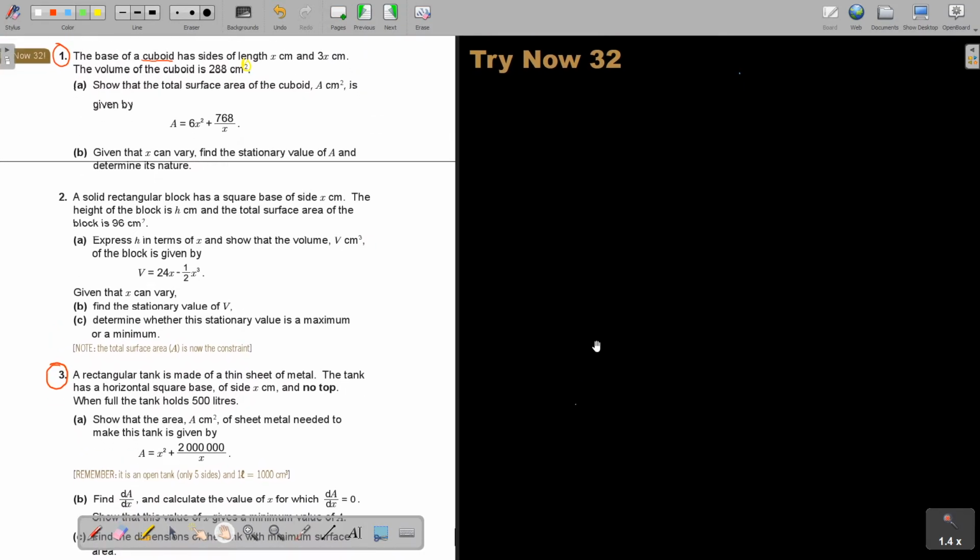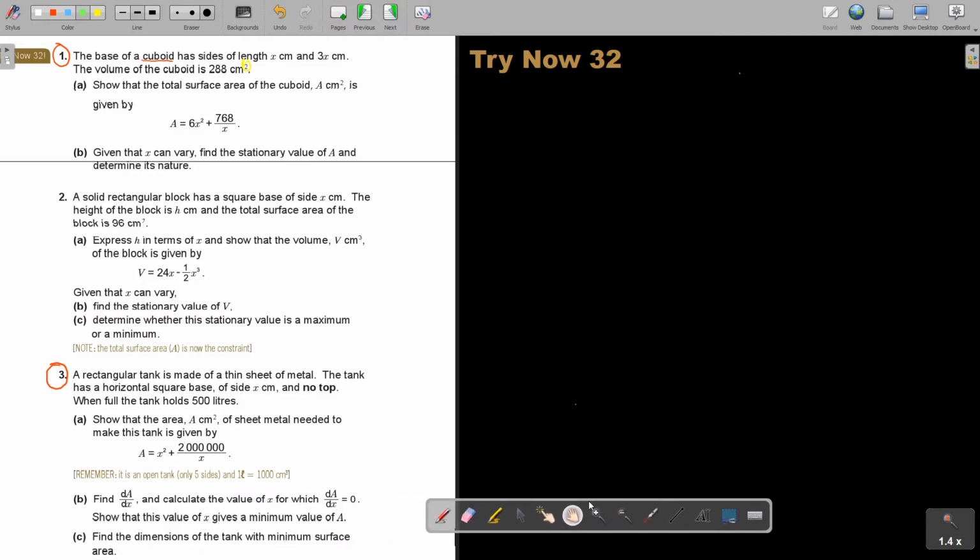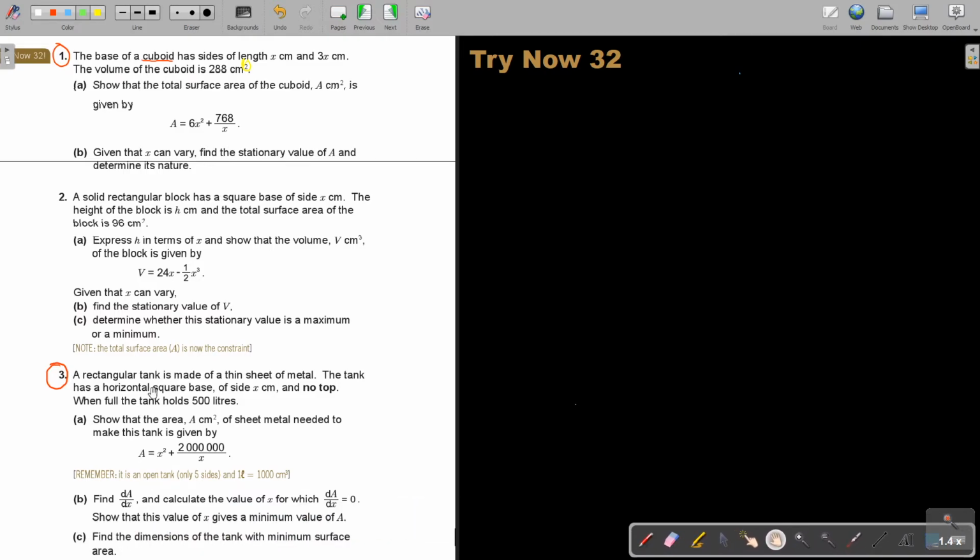Okay, let's look at number 3. Okay, let's just get a pen. A rectangular tank is made of a thin sheet of metal. The tank has a horizontal square base. Okay, this is very important. It's a square.